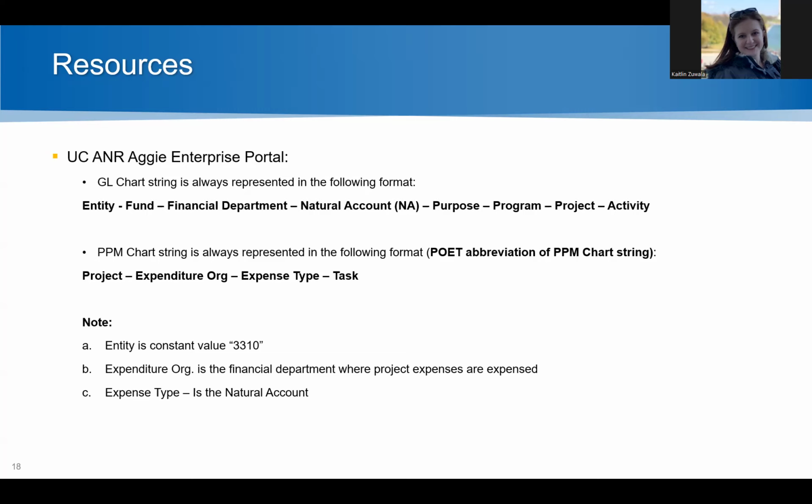That would be your project, expenditure org, expense type, and task. And as a reminder, expenditure org is the same thing as your financial department, and expense type is the same thing as that natural account, which will vary based on the expense or revenue. And then remember, entity is the constant value with UCANR of 3310.